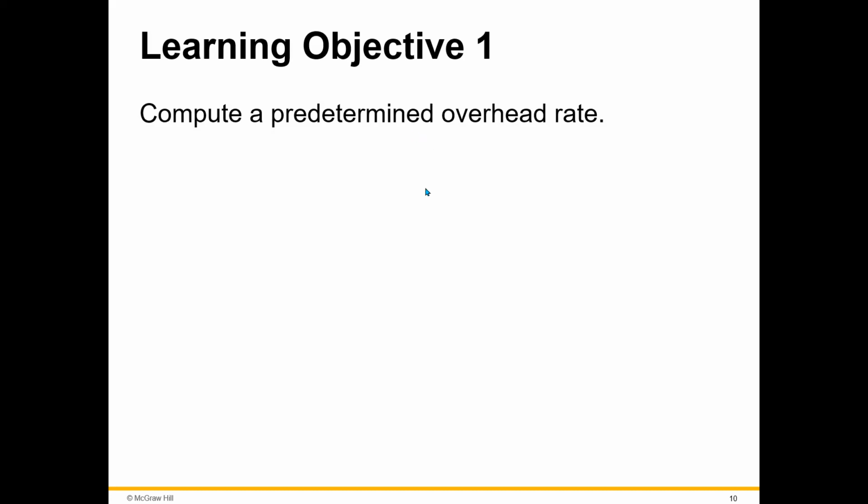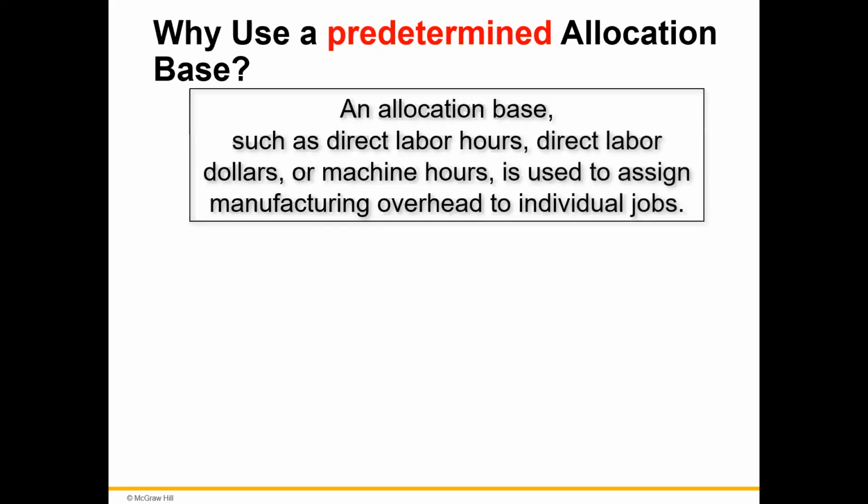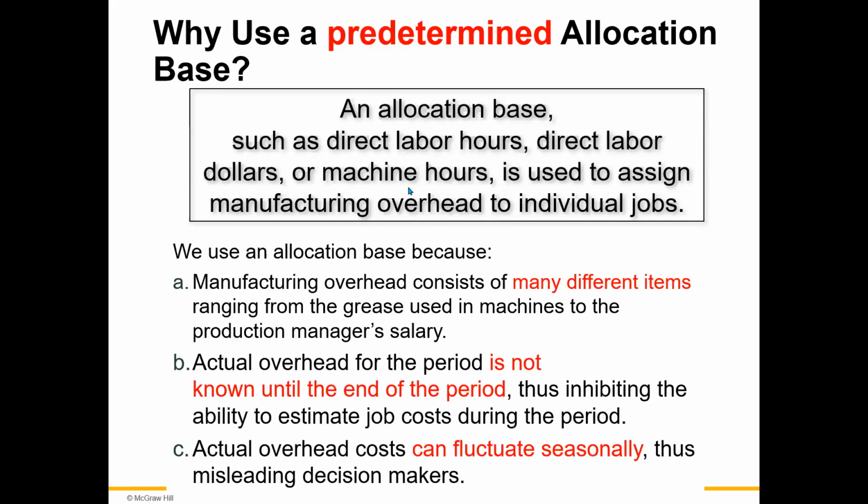And why don't we use the actual overhead rate, but rather a predetermined one? Here are the reasons. But first, to catch up, the popular allocation bases used in different industries are direct labor hours, direct labor dollars, or machine hours. And there are 3 main reasons why we choose a predetermined rate rather than actual.